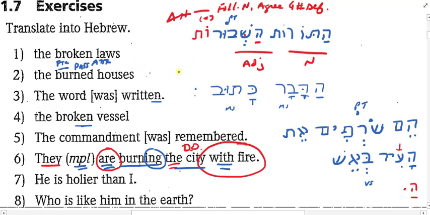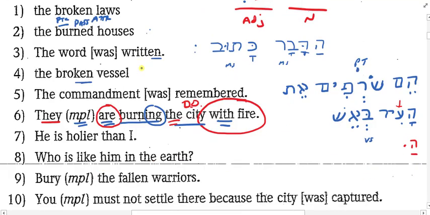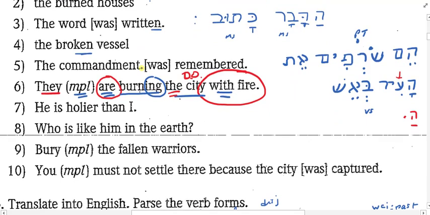So, how do I write the houses? The word for house is habayit. I'm going to write that down here a little bit lower, okay? But it's not one house, it's houses. So how do we make habayit plural? Yeah, it's actually going to be habatim, and I'm going to lose the yod here.